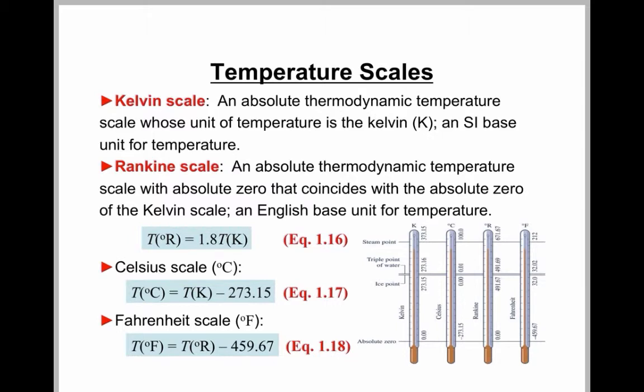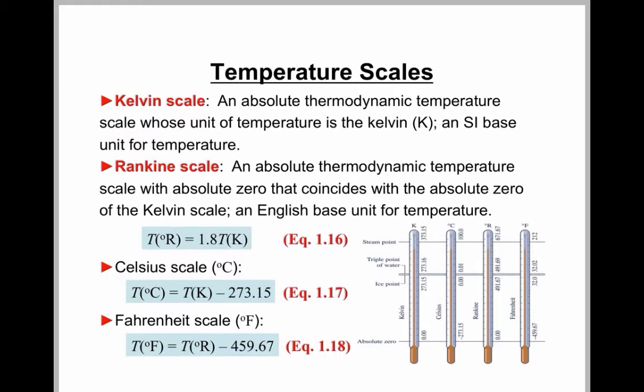Critical to our work are the temperature scales. You know, the Kelvin scale is the most frequently one used. An absolute thermodynamic temperature scale whose temperature is at 0 degree Kelvin at its base. The differences between Rankine and Kelvin, they differ by a factor of 1.8.